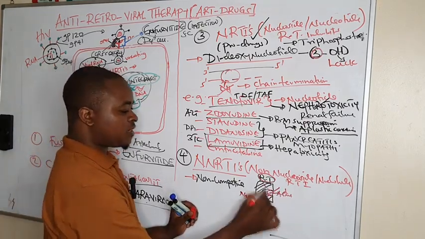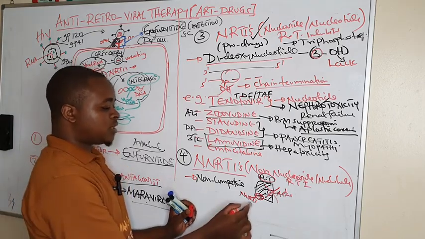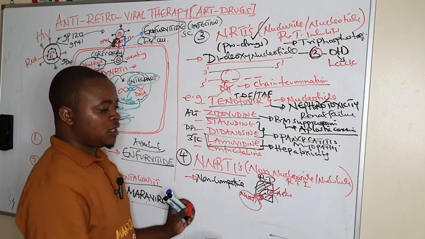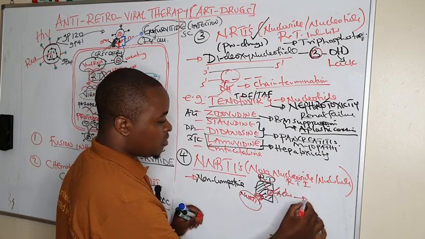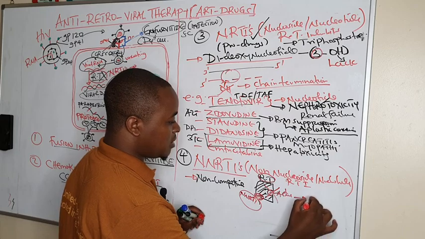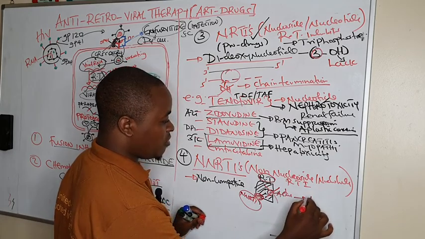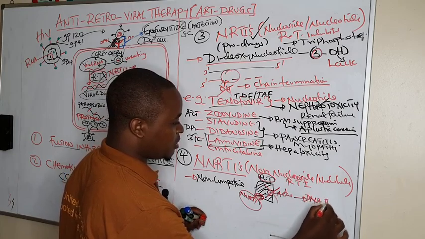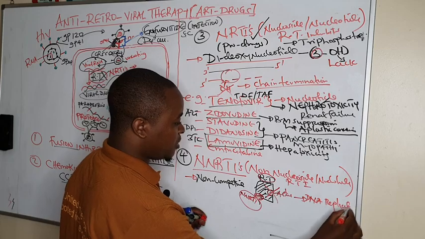And when the active site changes, due to the allosteric binding of the NNRTIs, it inhibits DNA replication.